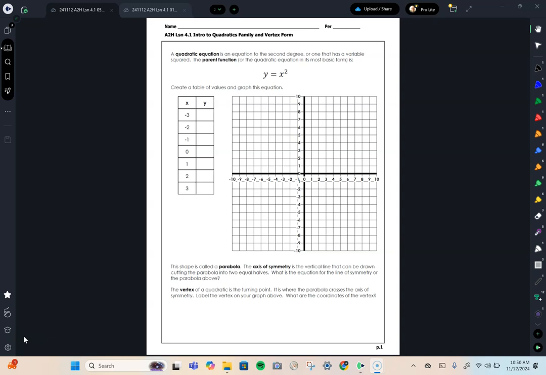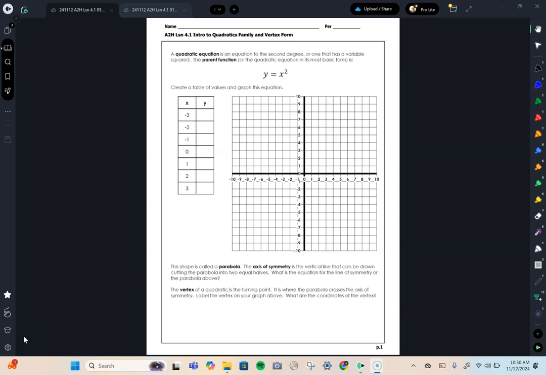However, the goal of this unit is not just to learn the individual things, but actually to understand how they tie together in one cohesive picture, because that's what your project is going to be on. Your project is going to be you showing me your thorough understanding of all of the components of quadratic functions and how they tie together cohesively in one big unit, or like I like to call it, one big family.